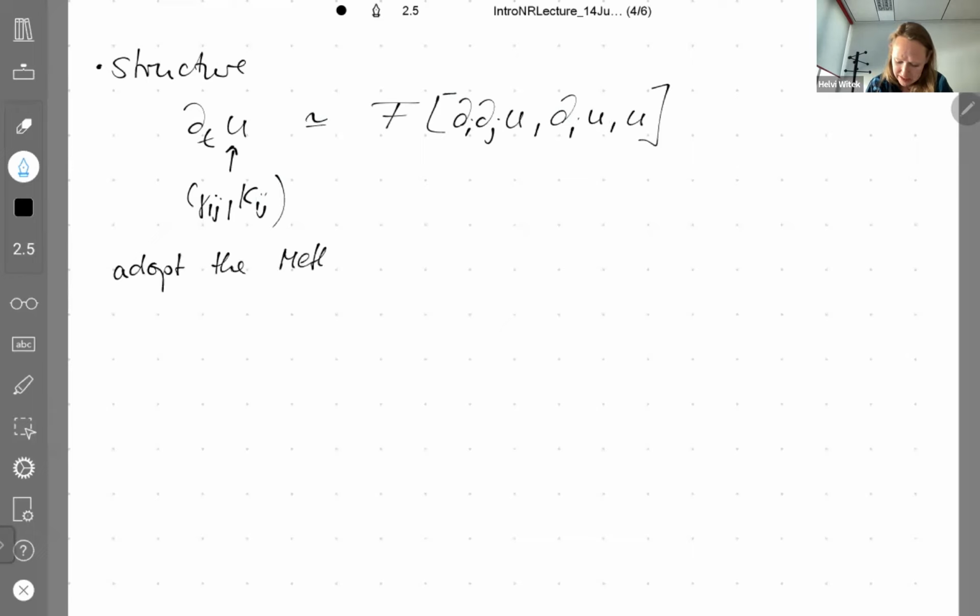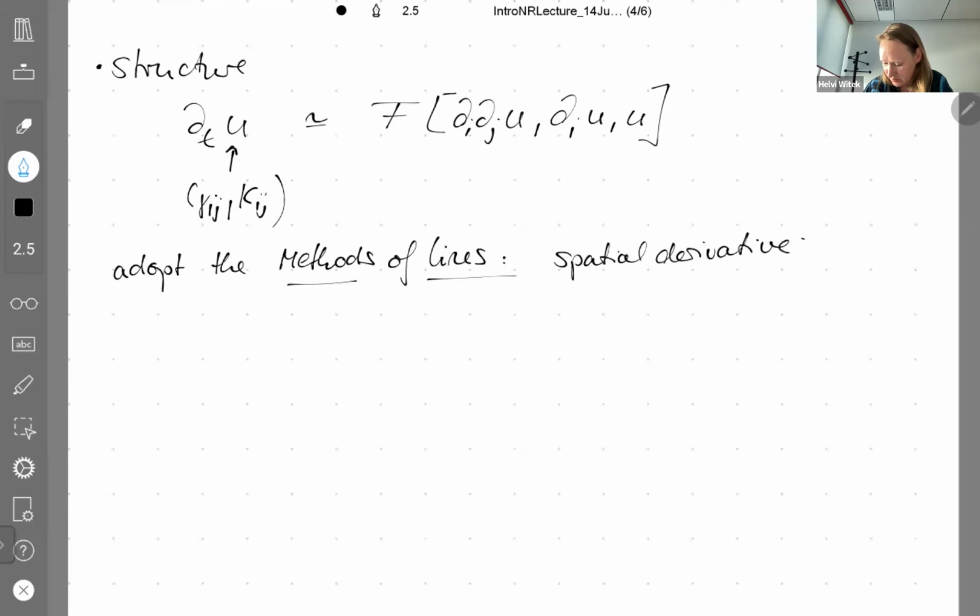So this is something that underlies at least the evolutions in the Einstein Toolkit, where we can choose one discretization scheme for the spatial derivatives. So for example, we use finite differences most of the time. In the SXS collaboration, or for the SpEC code, they are using pseudospectral methods.